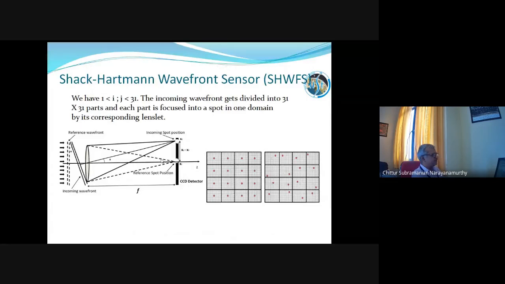When the light is a parallel plane beam, each lens will give you an exact spot at the center of its focal length, a bright red spot. The red spot shows the light is exactly collimated. In the lab we can exactly collimate the light. Before passing through the pseudo random phase plate, you get these points.